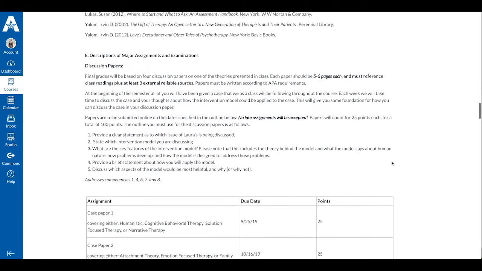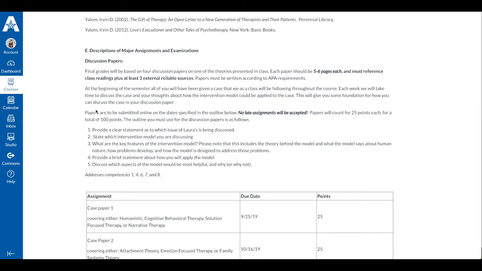Okay, so the discussion papers. The way that the class is graded is based off of 4 discussion papers. In each paper you'll cover one theoretical orientation.